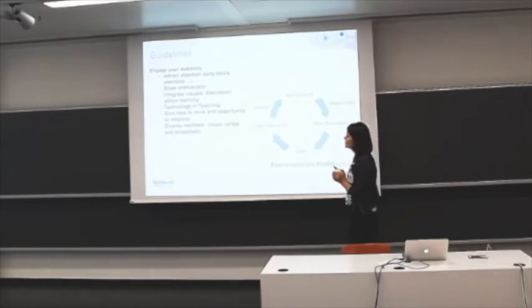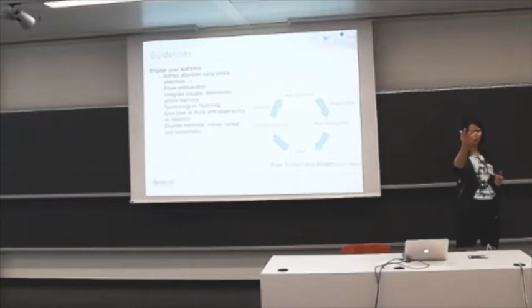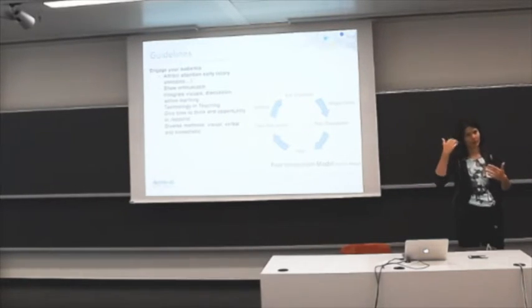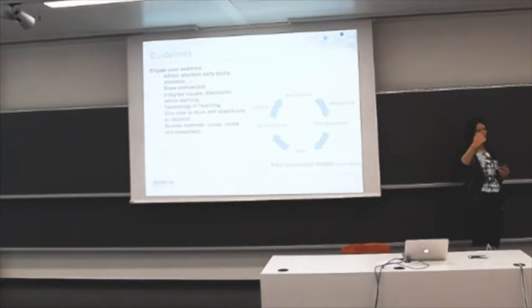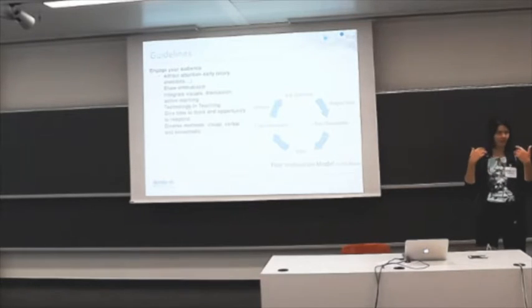And then use different methods: visual, verbal, or kinesthetic. That means you have exercises, some videos, speaking, discussion. So you have different ways of communication. It's very important because students also have different preferred ways of communication. Some are very visual, some are very verbal. They just remember what was said.